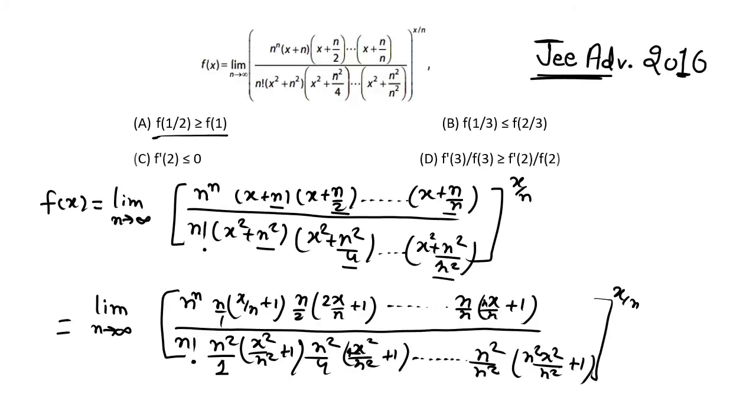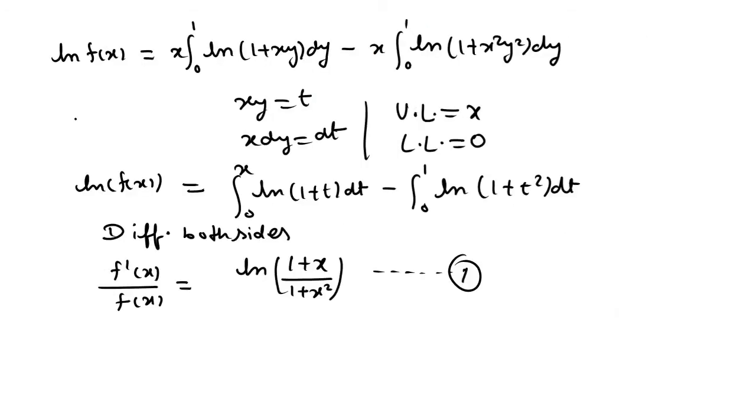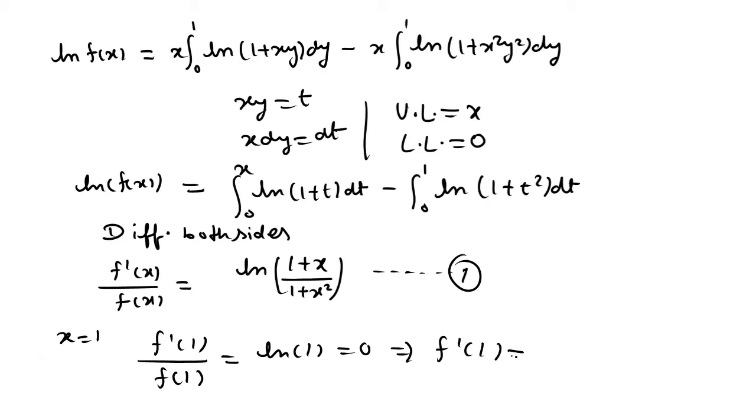The first option is whether f(1/2) is greater than or equal to f(1). So if x is equal to 1, f'(1)/f(1) will be ln 1, that is 0. So f'(1) will be 0.